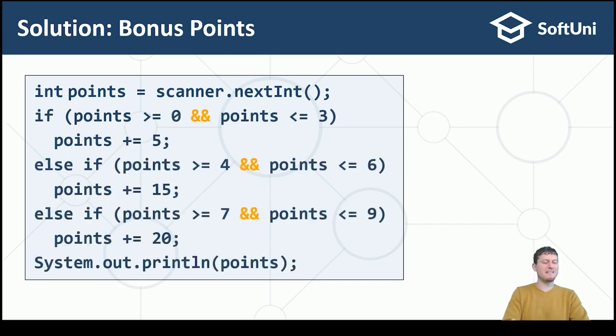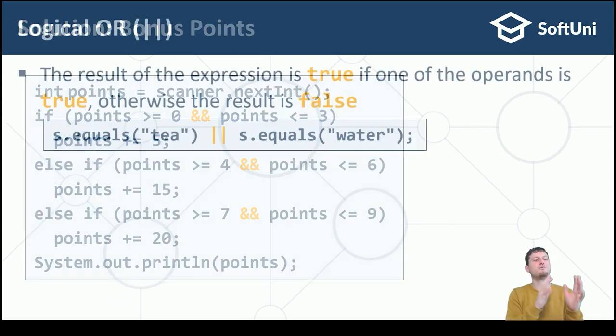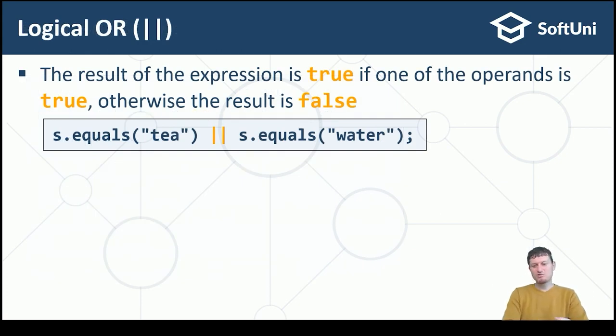So let's go ahead to discuss the logical OR operator. The logical OR operator is an operator whose result is true if one of the operands is true, or both of the operands, or the left operand or right operand is true.